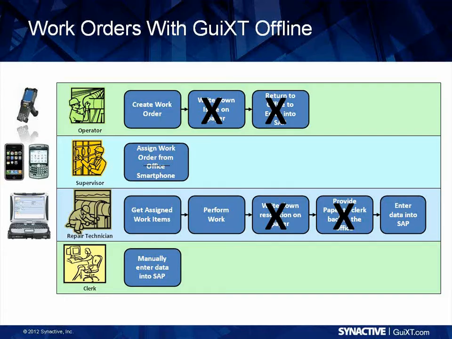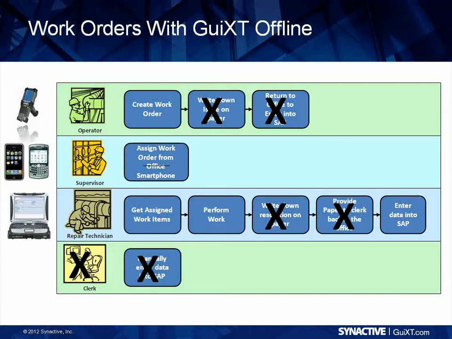And then once he's back in the network connected area, the data is uploaded back to SAP. And finally, there's really no additional data entry person involved, no paperwork with notes that can be lost or misread, and no travel and time delay to get the relevant information into SAP.